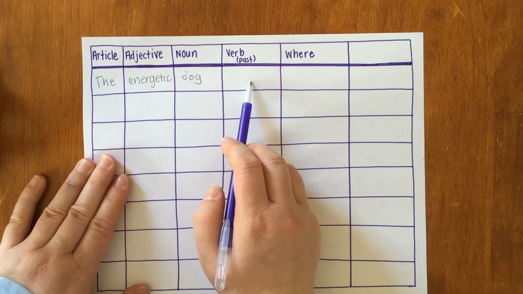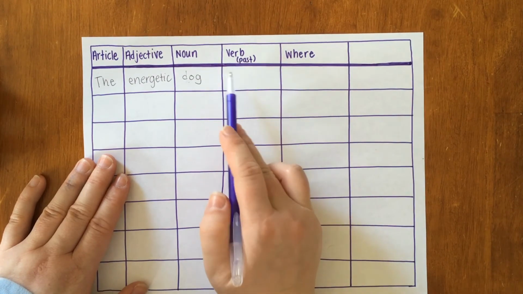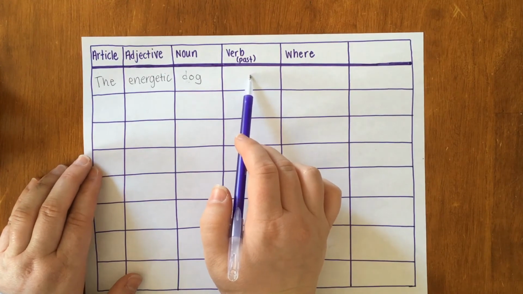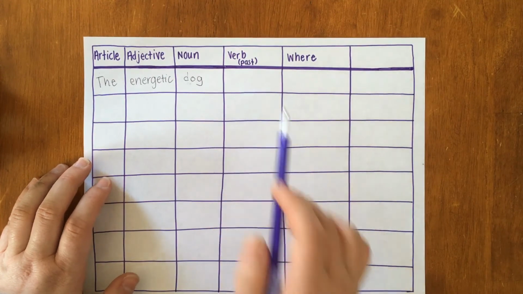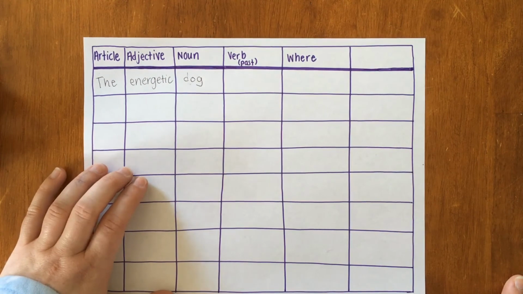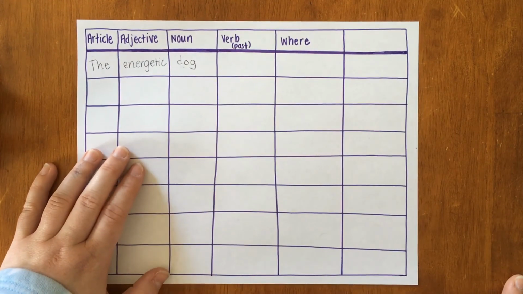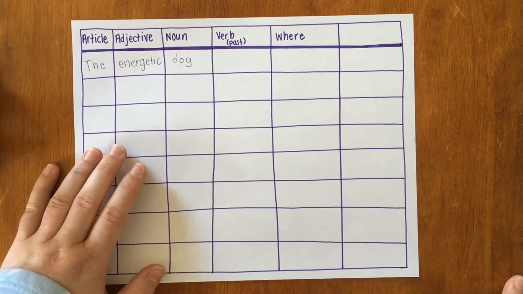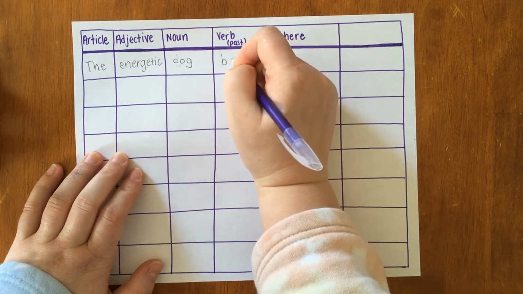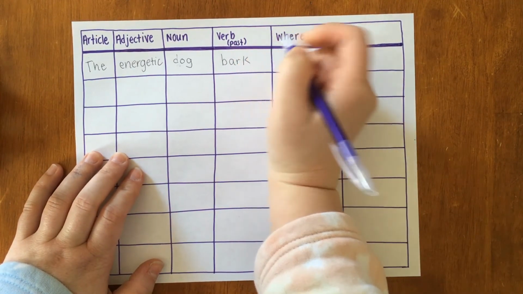Then I get to my verb column. And if I remember what a verb is, it is a word that tells us an action. So I want to say what she did. She's done lots of things today. I'm trying to think of one. She can bark.